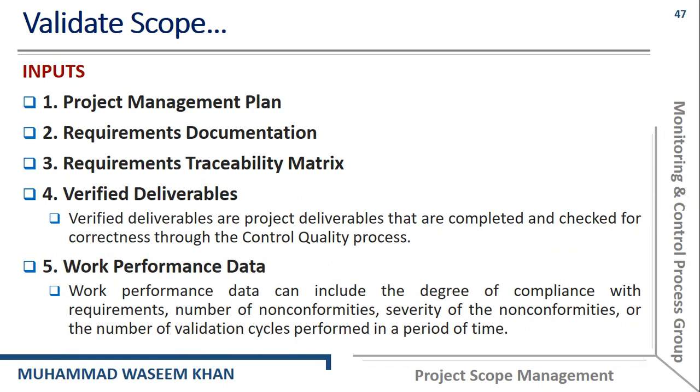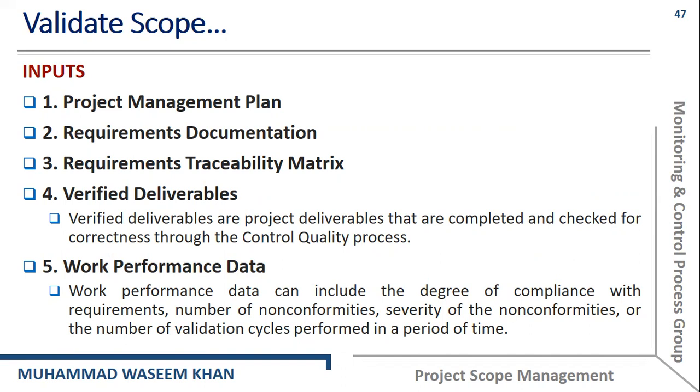And the fifth one is the work performance data. Work performance data have already been discussed in the previous lecture, but let's discuss it briefly again. Work performance data can include the degree of compliance with requirements, number of non-conformities, severity of non-conformities, or the number of validation cycles that are performed in a period of time.